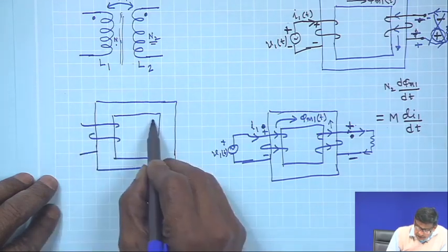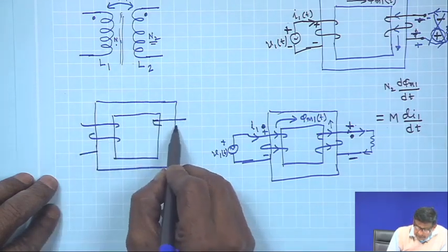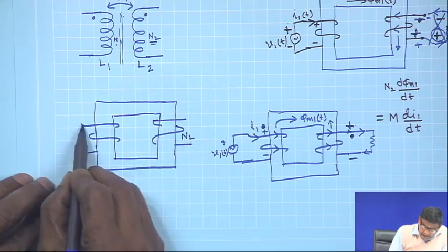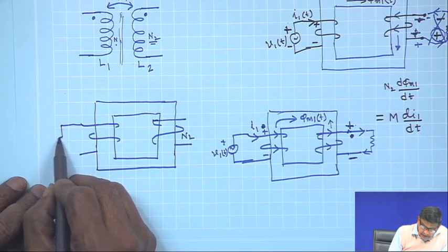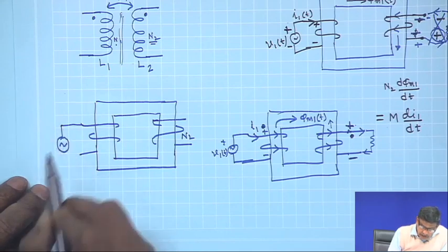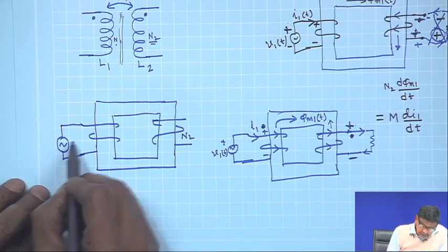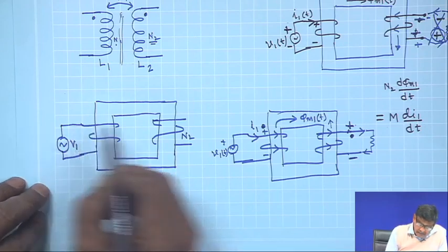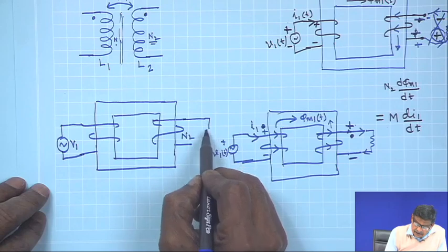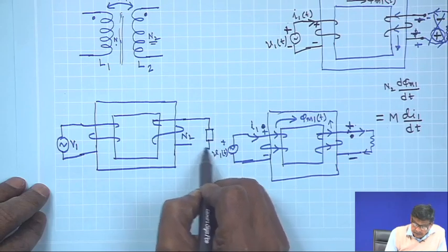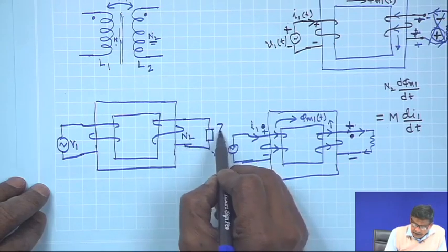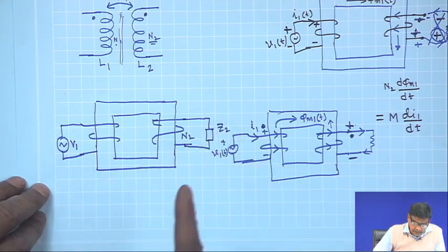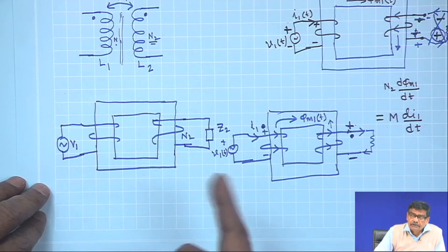This is one coil, this is another coil, N2 turns, and here you have connected an AC source of voltage which is V1 phasor, and here you have connected a load on the secondary side whose impedance is Z2. I am not putting these bars, but you must bear in mind these are all complex numbers, Z2.